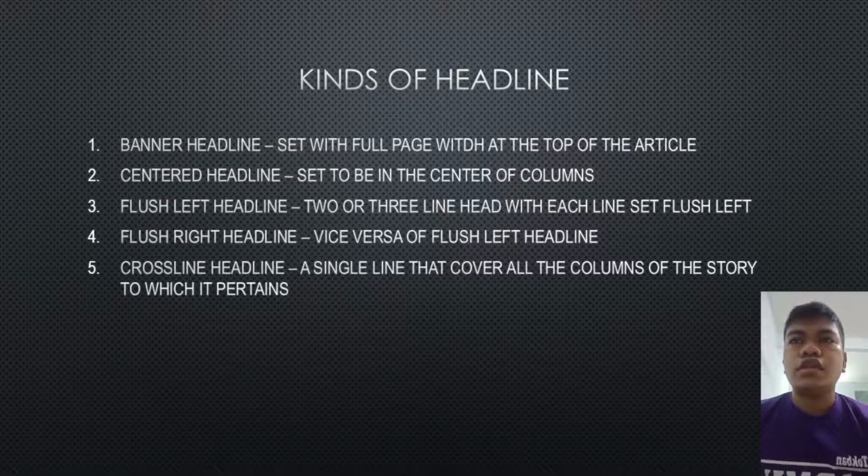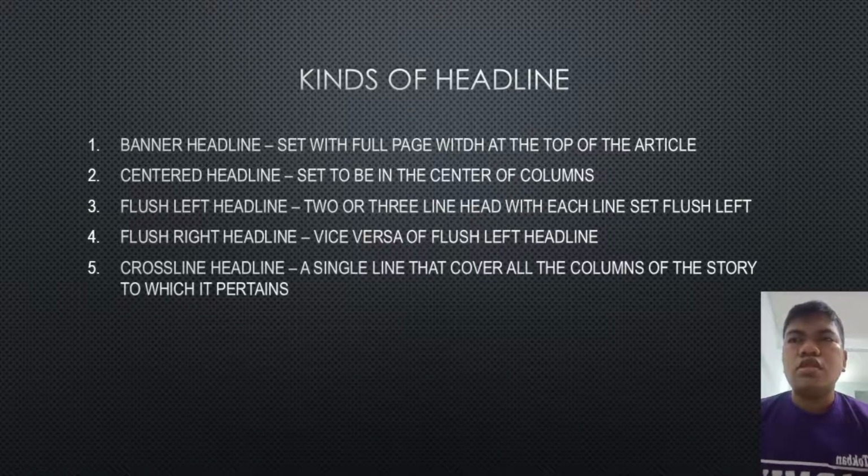So the kinds of headline. Number one, the banner headline is the head which set with full page width at the top of the article. The second one, the centered headline, is the head that's said to be in the center of columns between the columns.